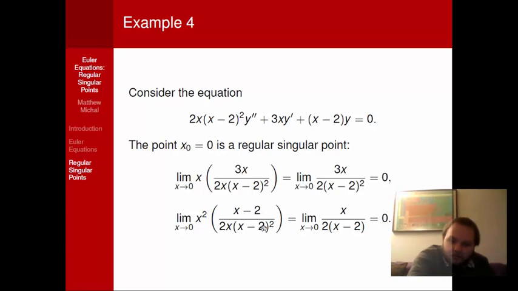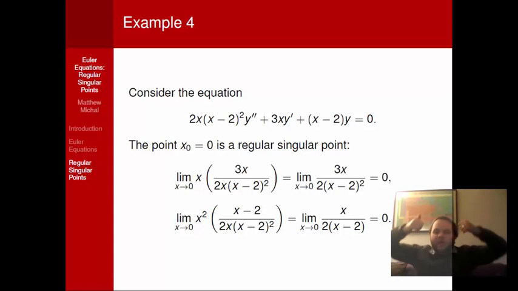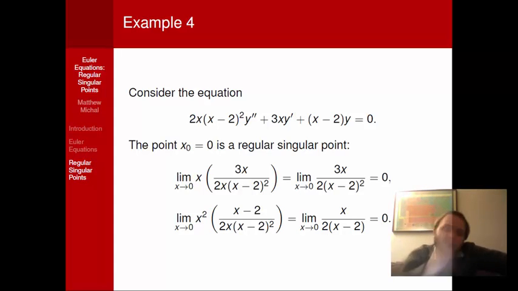So I'm left with the limit of x over 2 times x minus 2. When x goes to 0, the top goes to 0, the bottom goes to negative 4. 0 over negative 4 is still 0. So because both limits are finite numbers, I don't care that they're 0, it's a regular singular point. Let's check our other value, 2.